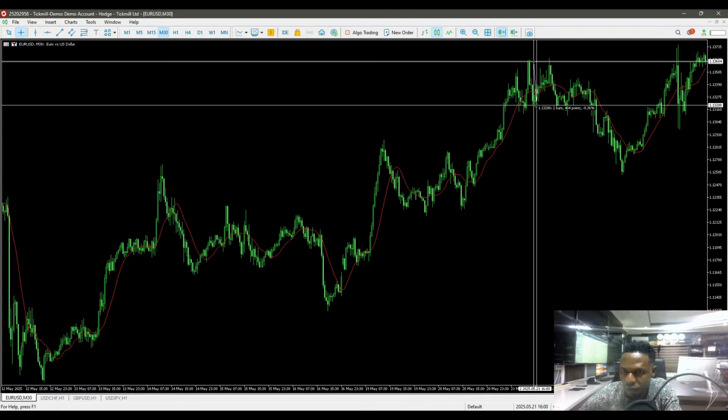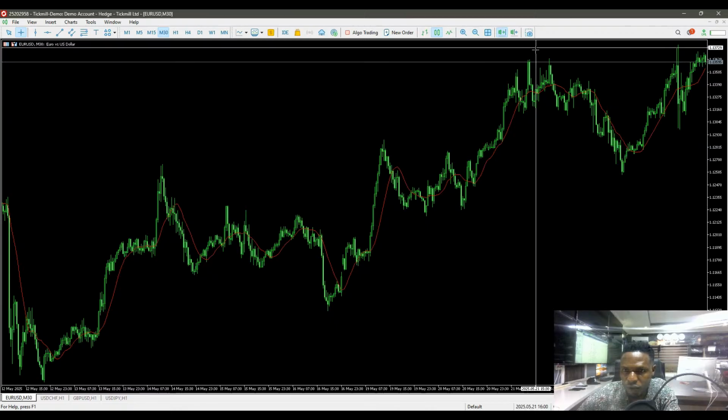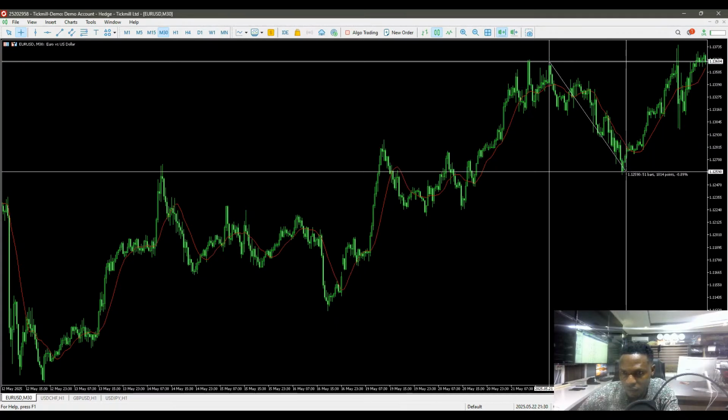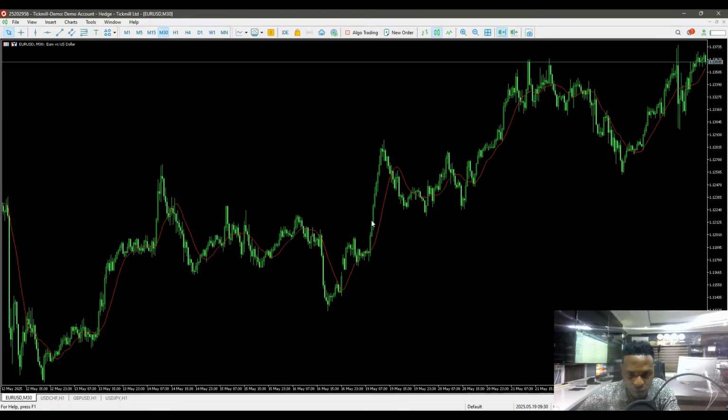This is 40 pips. 40 pips on Euro USD can be much. This is 103 pips, right? So here now we can see significant movement. The same thing is applicable here, significant movement.